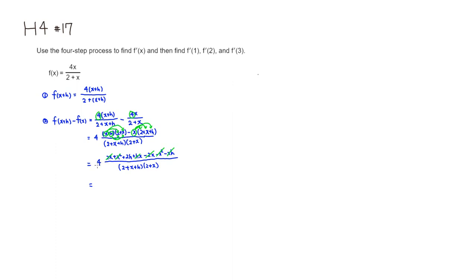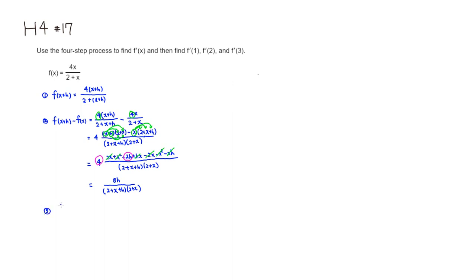There's a 4 there, then there's only 2h left here, so we can put 8h over quantity 2 plus x plus h times 2 plus x. We got that.